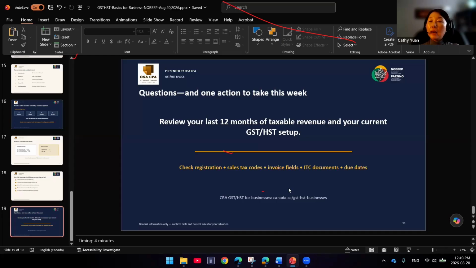Okay, I think I have introduced all the main topics on the GST/HST: voluntary or mandatory registration, what the tax rate is, what the tax return period is, what kind of evidence we need to keep and how we can keep it, and how we can do the accounting records and bookkeeping to get the numbers to do the tax return.